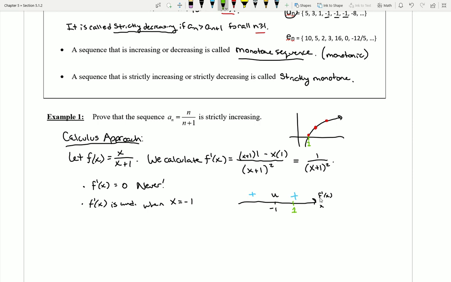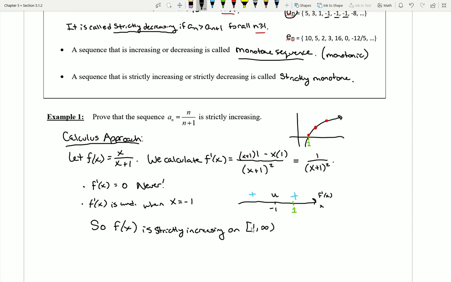However, since my function is increasing from negative 1 to infinity, I could definitely write the following. I could say f of x is strictly increasing, right? Notice it's only getting larger. It never hits 0 and like bottoms out again and has a horizontal tangent. It only goes up. This is strictly increasing on the interval 1 to infinity.